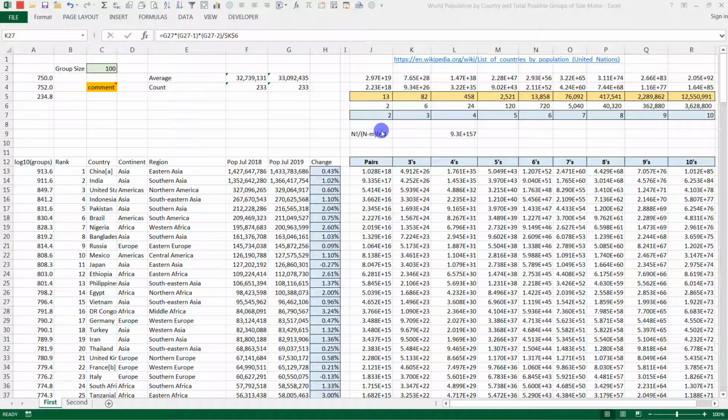I added all those up, which is this lower number, 2.23 times 10 to the 18th unique pairs, and then the number of pairs if you look at the whole population of the world and draw from there. That's a significant, tenfold, actually 13,000%.